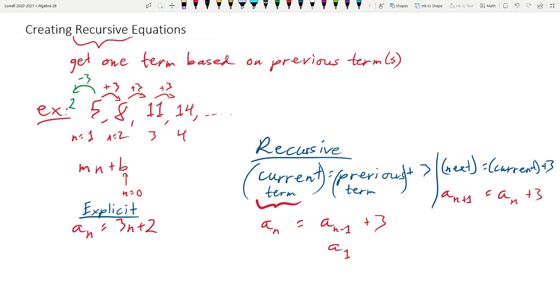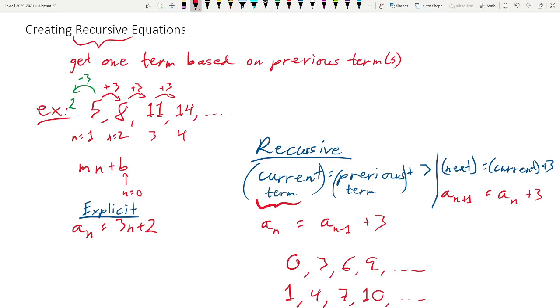Now, this is not actually enough on its own to describe the sequence, because there's a bunch of sequences that would fit this rule, right? I could start off at 0, and then 3, 6, 9, and this would fit, because it's adding 3 each time. Or you might do 1, and then 4, 7, 10. So when you're defining a sequence recursively, just the growth is not enough.